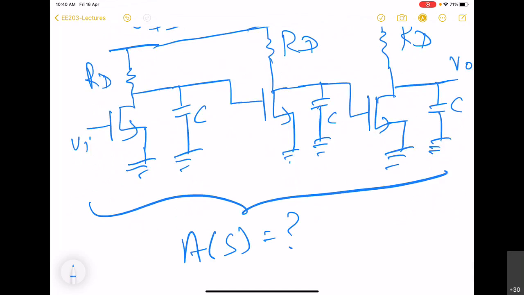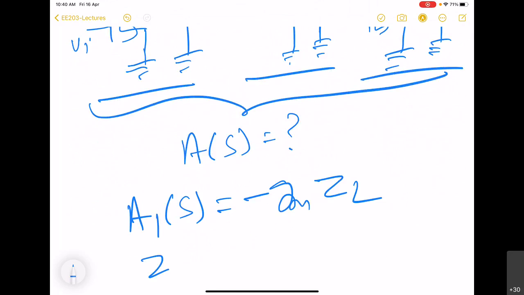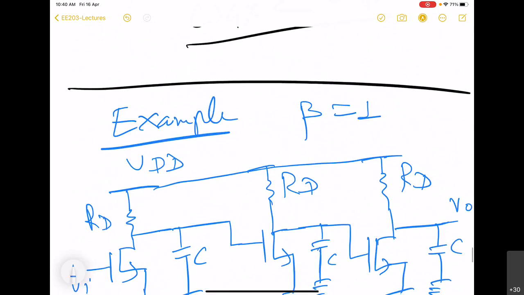So here we have three stages: stage 1, stage 2, stage 3, and gain for stage 1 is going to be minus gm ZL, where ZL is the complex load. And to keep things simple, we will take lambda equal to 0.